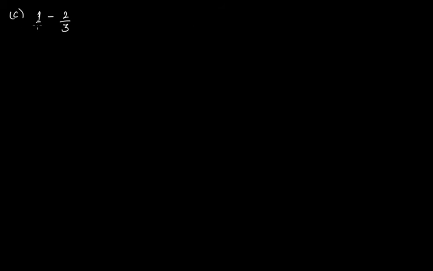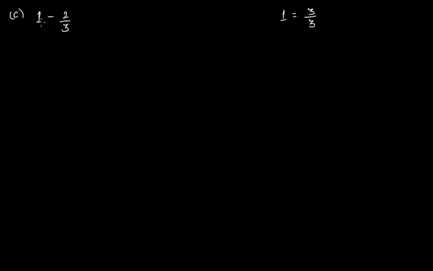Third one, 1 minus 2 by 3. Now, it's neither looking like like fractions nor unlike fractions, but it's actually like fractions. You can write it as like fractions. How? This is 1. If I write 1 as 3 divided by 3, if you divide 3 by 3, you'll get this 1.